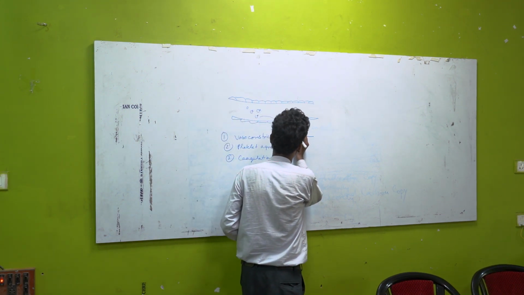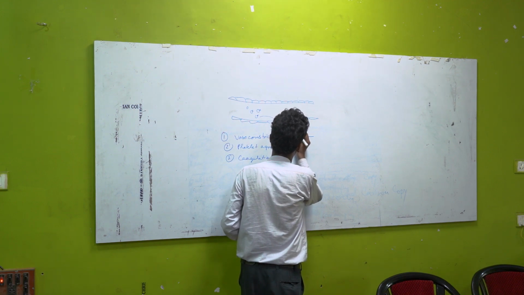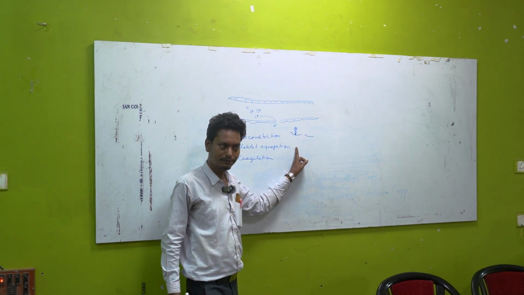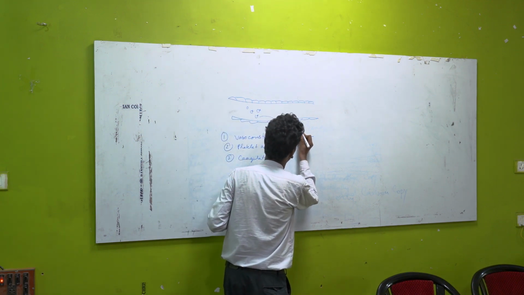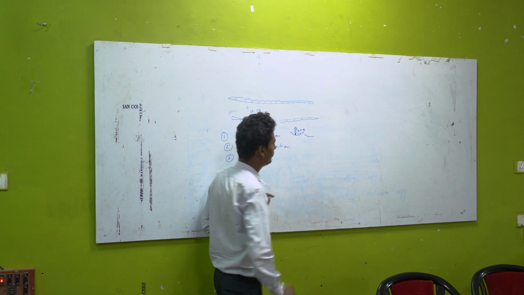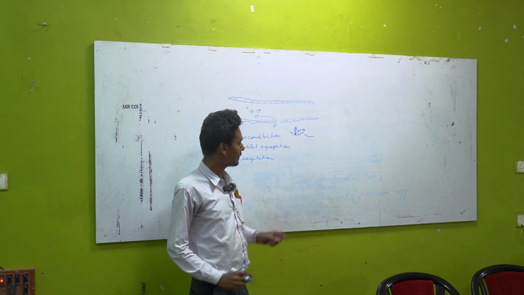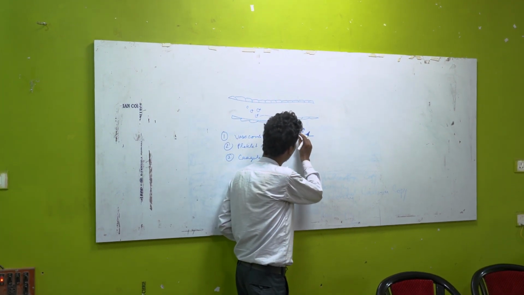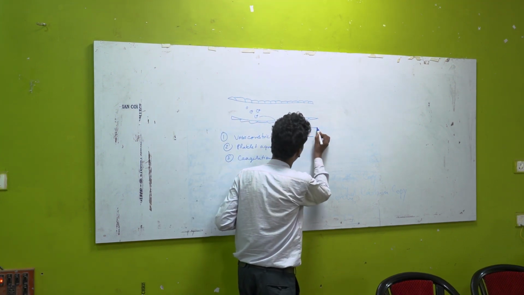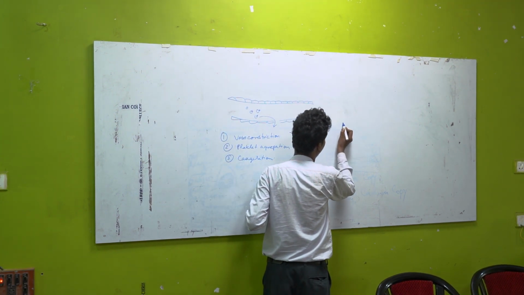The inactive platelet then binds with the VWF with its GP1V receptor. This is GP1V and this is VWF. As a result, after the binding of VWF with GP1V receptor, the inactivated platelet becomes activated.